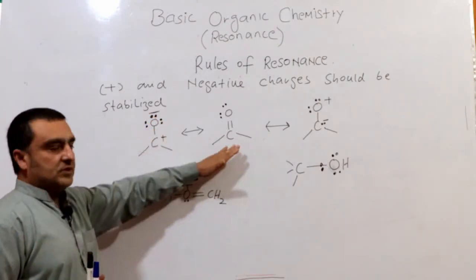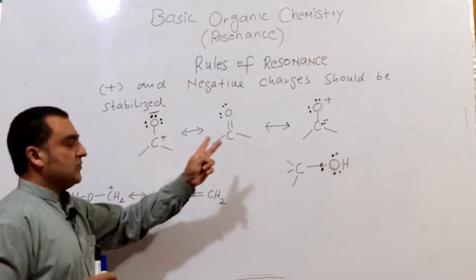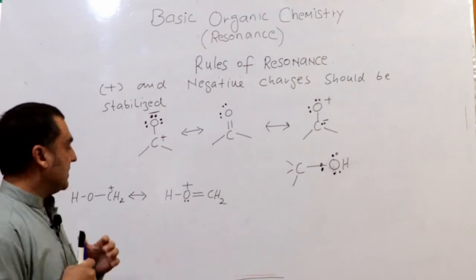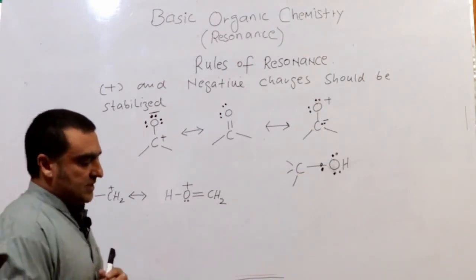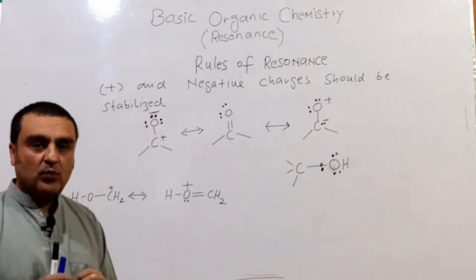It is good, but not as good as this one, and we will study how those structures lead us toward the true structures. But you might be saying, this is a positive oxygen, and I say that this is not good, it is worse.